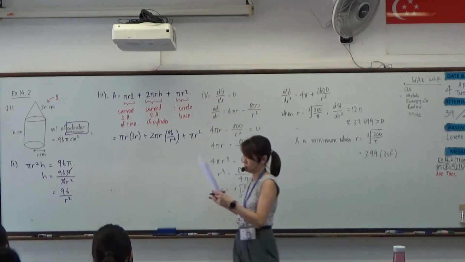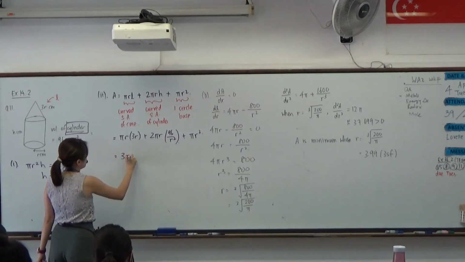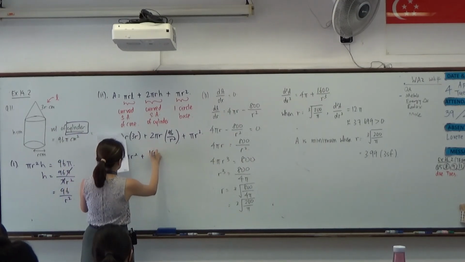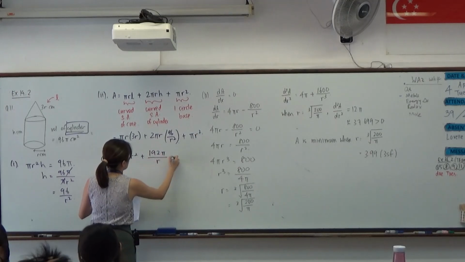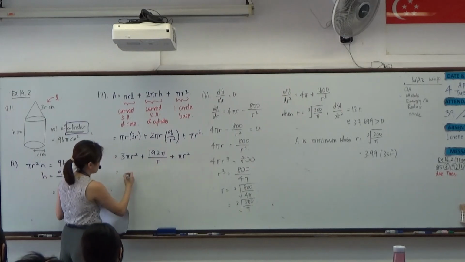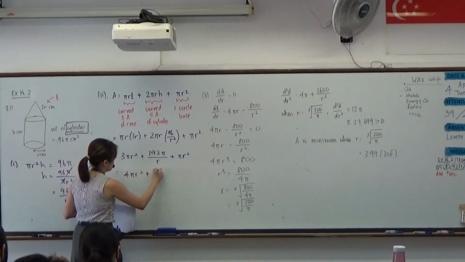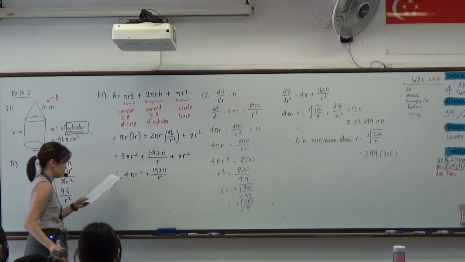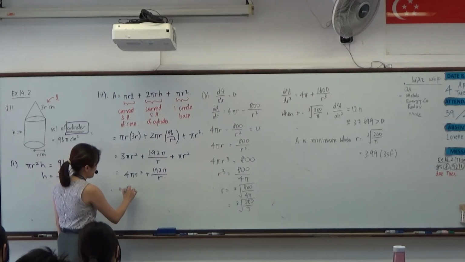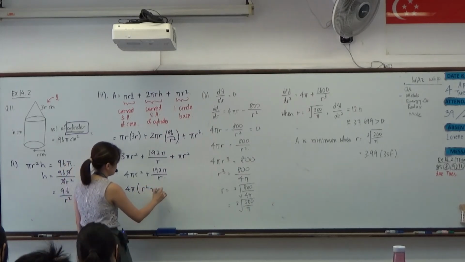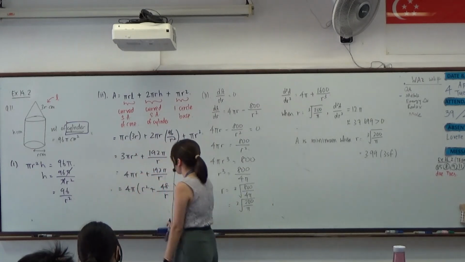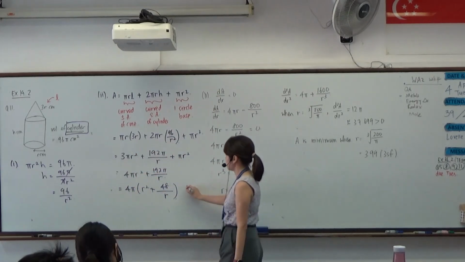And then we simplify. So 3 pi r squared plus pi r squared gives us 4 pi r squared. And then we just have to factorize out 4 pi, and we are able to show what we want.